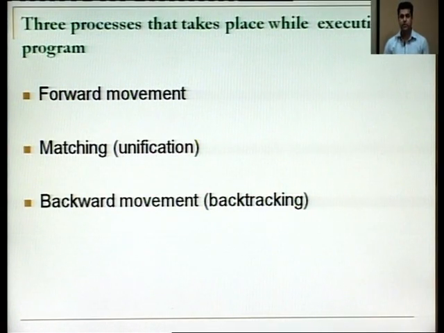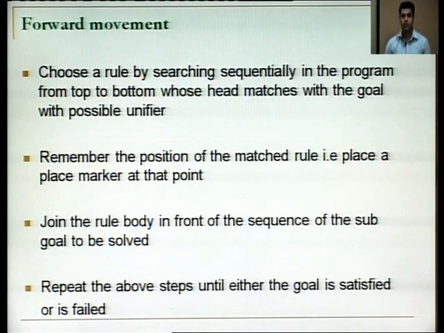There are three phases, or three processes, you can say, that take place while executing a program. These are forward movement, matching, which is also known as unification, and backward movement, which is also known as backtracking. Let us start with the forward movement.